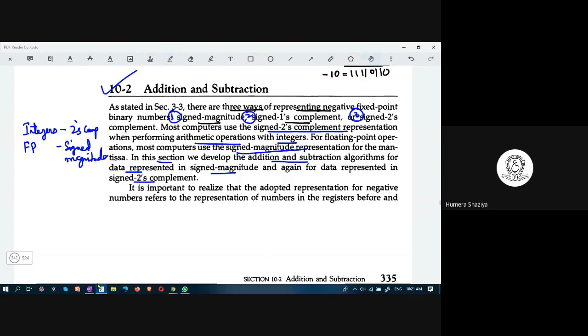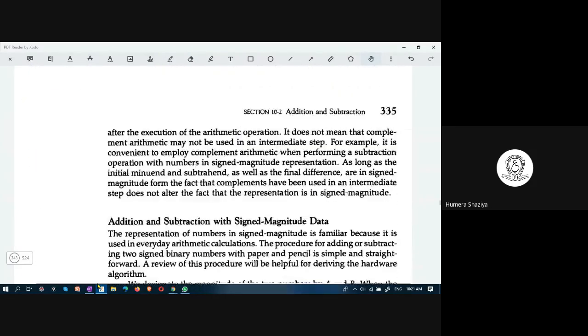We are going to develop algorithms and hardware for addition and subtraction for signed magnitude and signed two's complement. These are the two things we are going to cover under this topic.